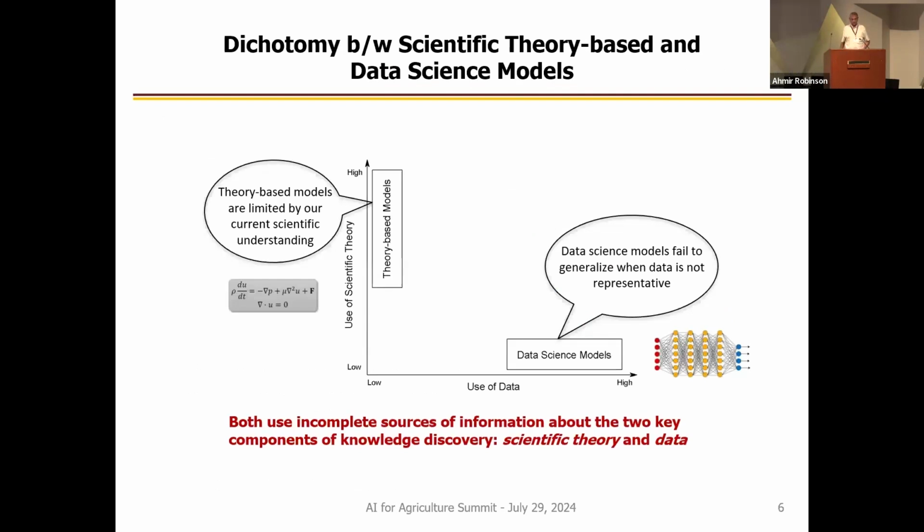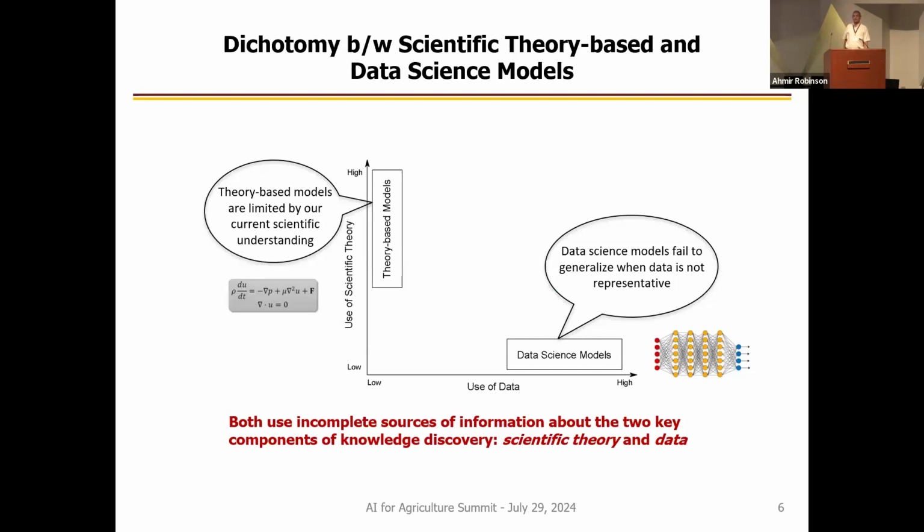So on one side we have a set of methods based on physics, equations and first-principle-based understanding, and they don't make much use of the data except perhaps to calibrate the parameters. On the other hand, you have data science models, big machine learning models, that don't have hundreds of parameters, they have hundreds of millions of parameters, maybe trillions of parameters as you go to the foundation models.